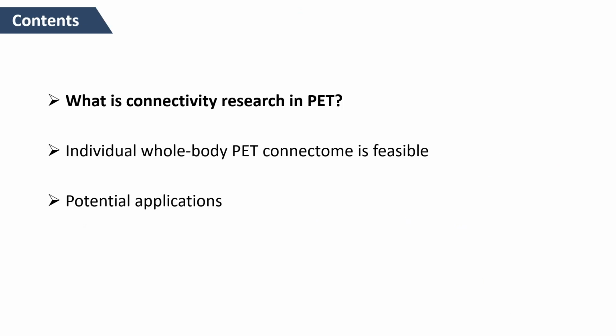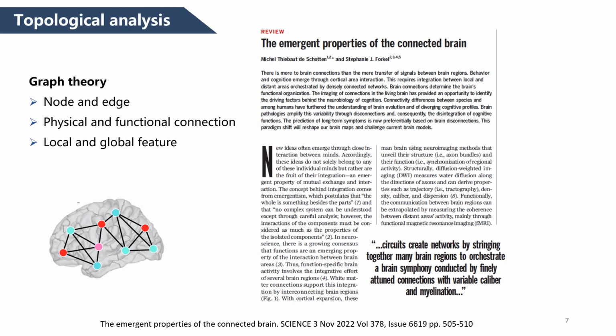So what is the current status in performing PET connectivity research? If you are familiar with MRI, you probably know what connectivity is in theory. Topology-based image analysis grounded in graph theory is a method already used to study the brain. In this approach, each brain region is regarded as a node, and the physical or functional connections between brain regions are represented as edges.